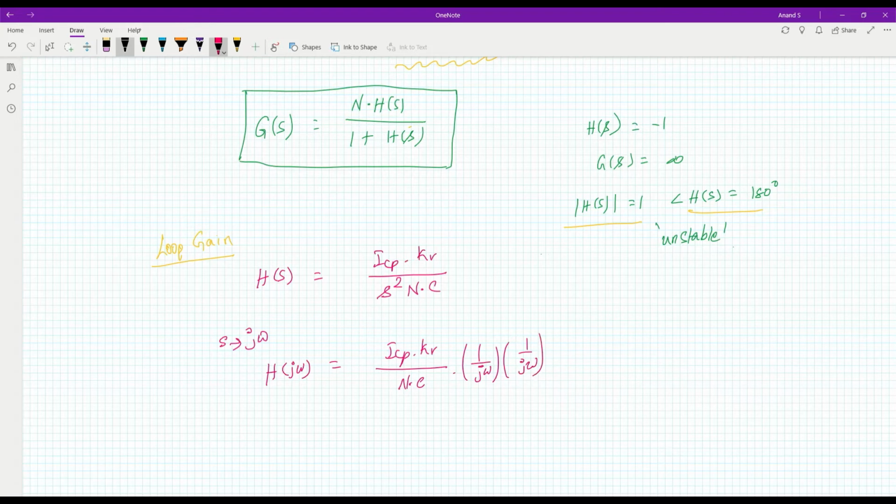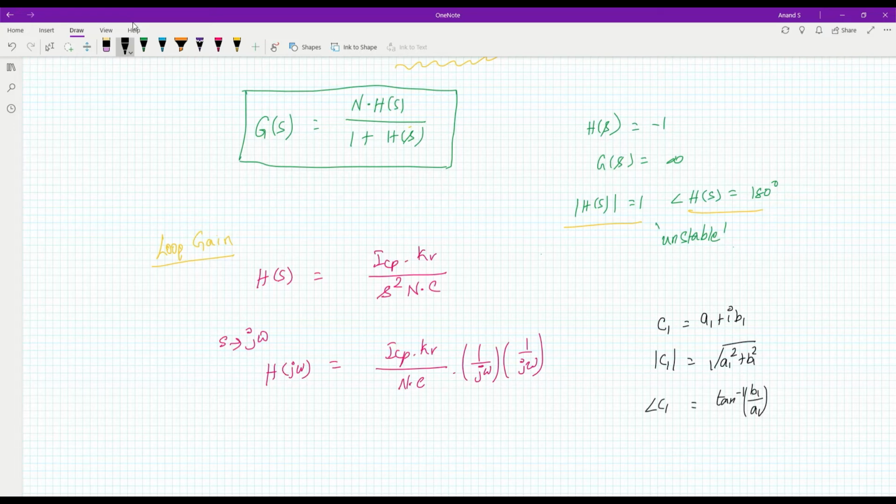Let us quickly see how to take the magnitude and angle of a complex number. If you have a complex number C1 equal to A1 plus j B1, then the magnitude of C1 will be equal to square root of A1 square plus B1 square, and the angle of C1 will be equal to tan inverse of B1 over A1.